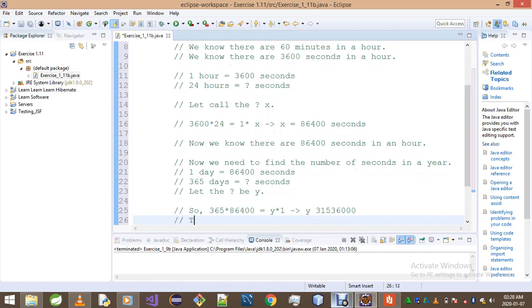Therefore there are 31,536,000 seconds in a year.